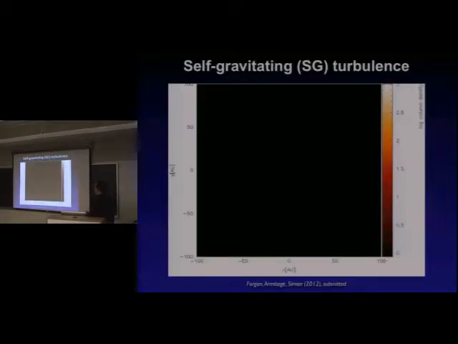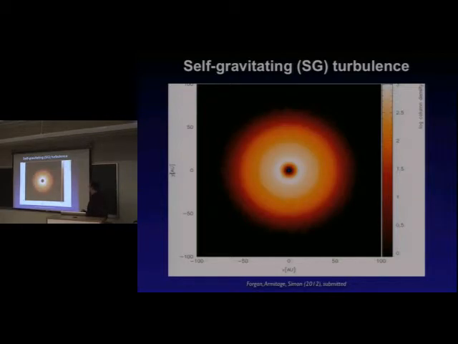Now, self-gravitating turbulence. This is a movie that my collaborator Duncan Forgan and I made, from our paper that we just submitted. This is an SPH calculation using 500,000 SPH particles. The mass of the disk is a quarter of the mass of the central star.